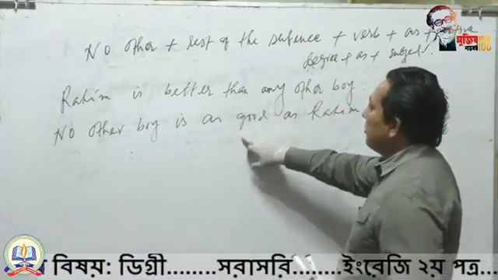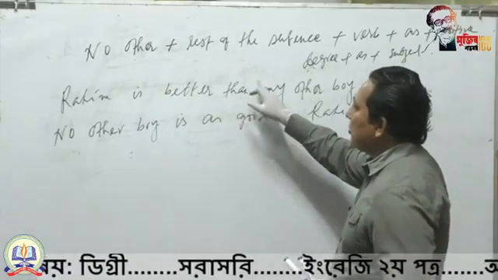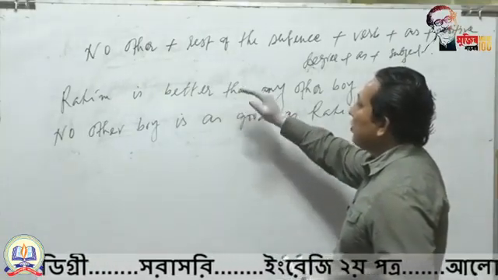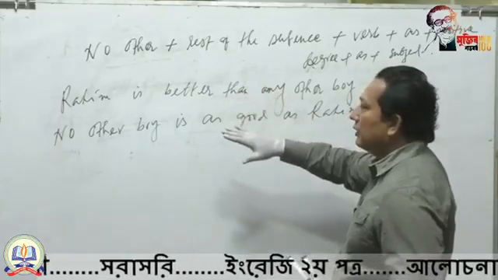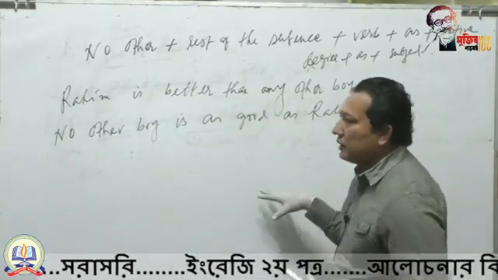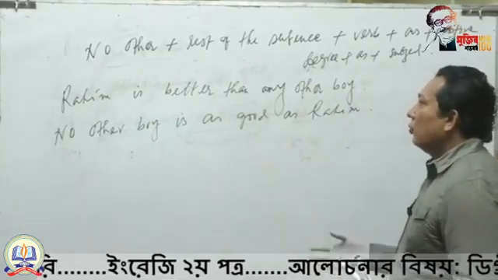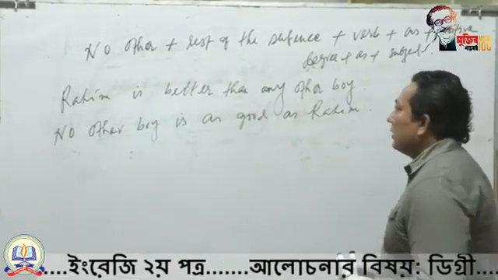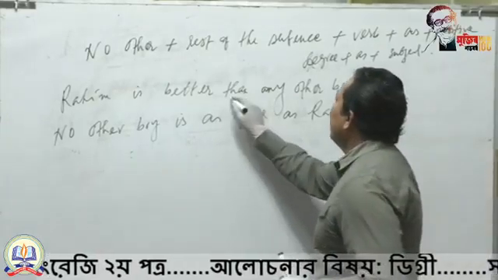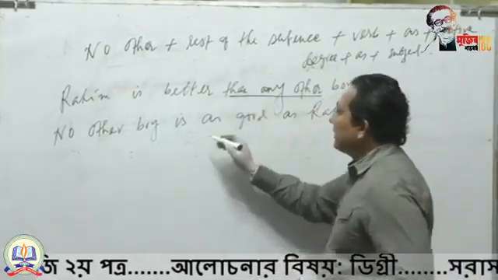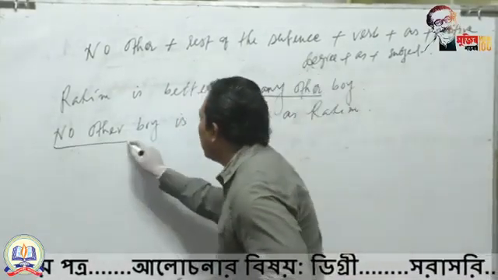Actually, the form of positive degree is the same. You are making positive degree from comparative or superlative. The structure of comparative or superlative will be different from each other, but the positive structure will remain the same. Here, you are getting "than any other". For that reason, you are using "no other".